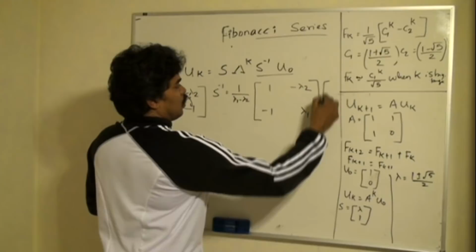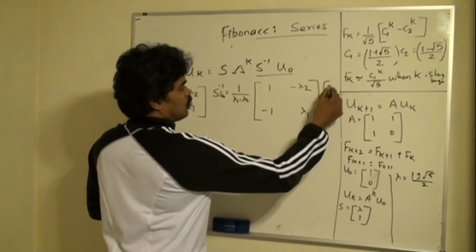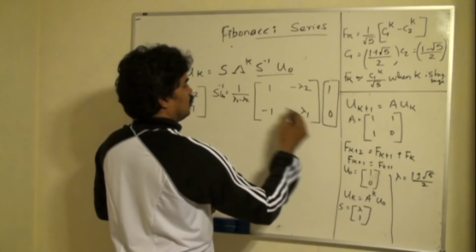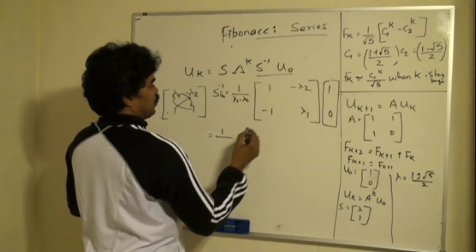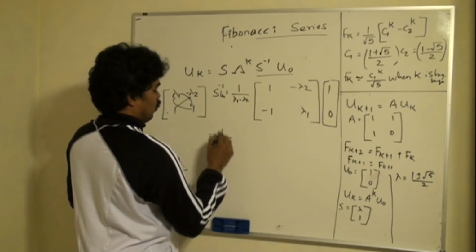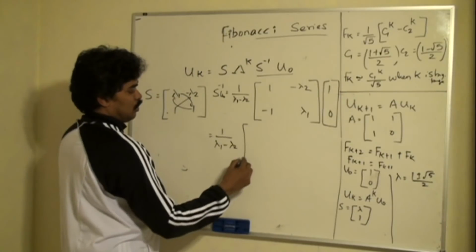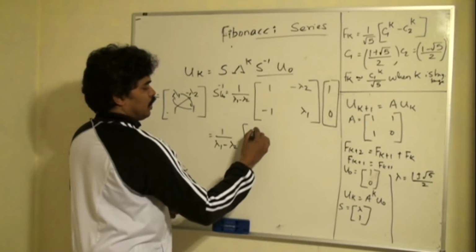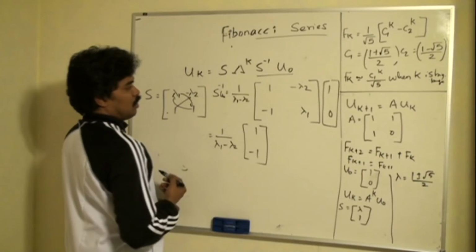Then u naught is 1, 0. If you do this multiplication, lambda 1 over lambda 1 minus lambda 2, so you take this, it is basically 1 minus 1, right?